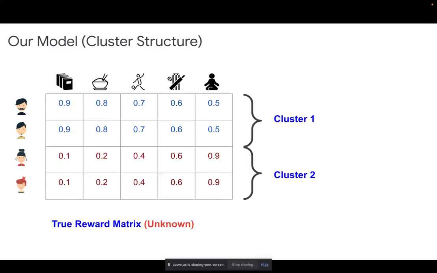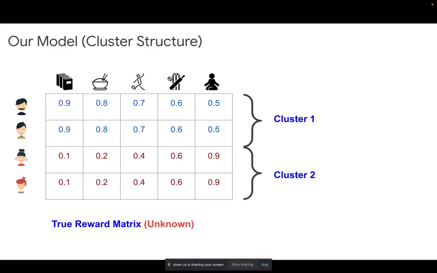Okay. So if you look at the first two users over here, they belong to the same cluster because they have identical rewards across all the items. And again, the third and the fourth user belong to the same cluster because they have identical true rewards across all the items. Now, again, this is just an assumption that we make on this true reward matrix.